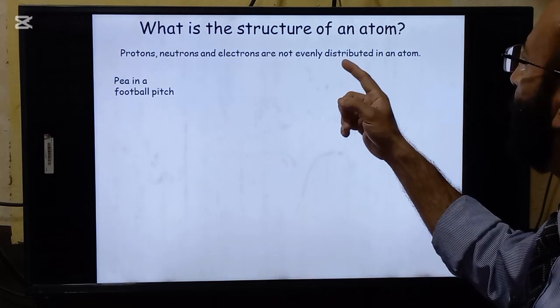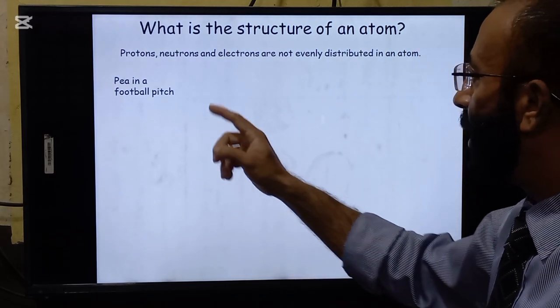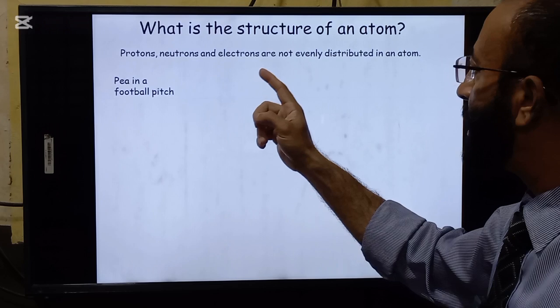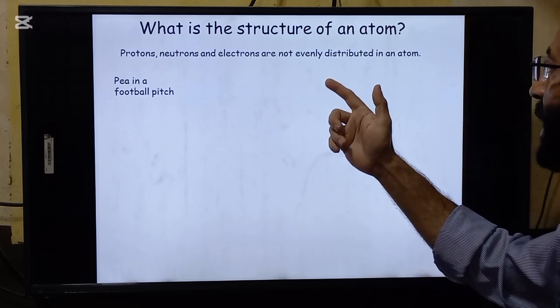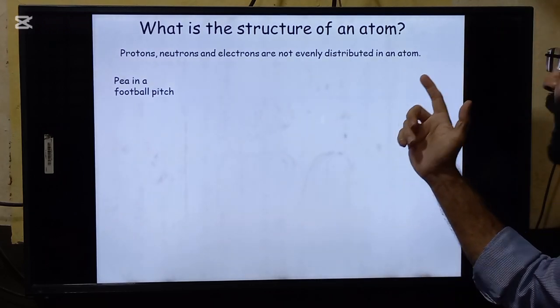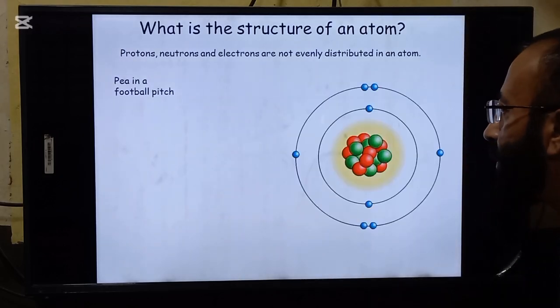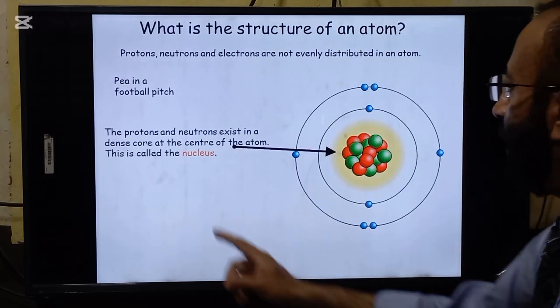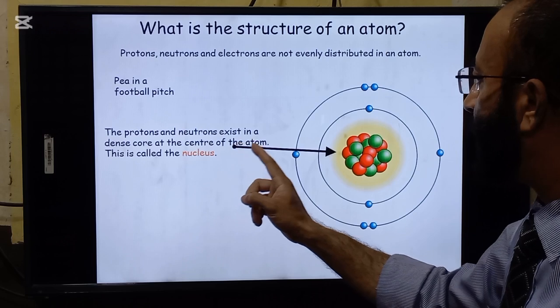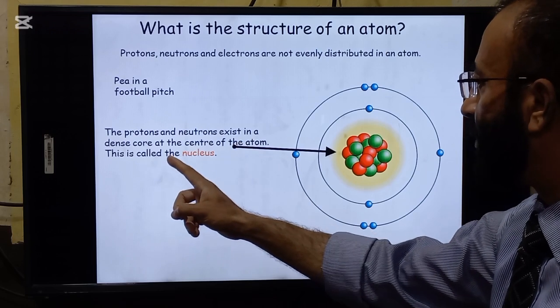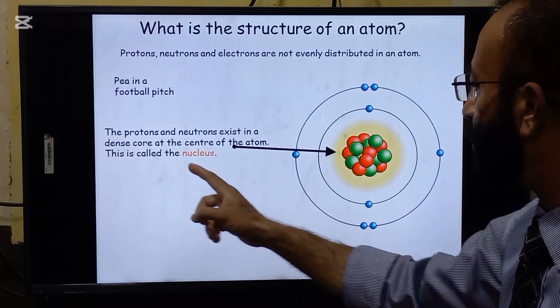What is the structure of an atom? Protons, neutrons, and electrons are not evenly distributed in an atom. The atom is like a football pitch. The protons and the neutrons exist in a dense core at the center of the atom, this is called the nucleus.